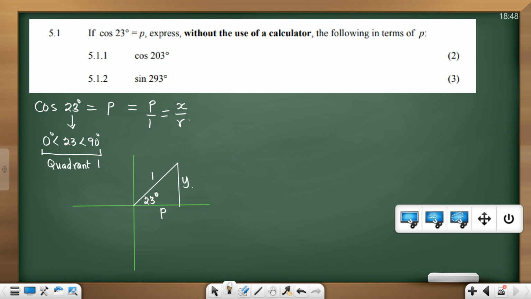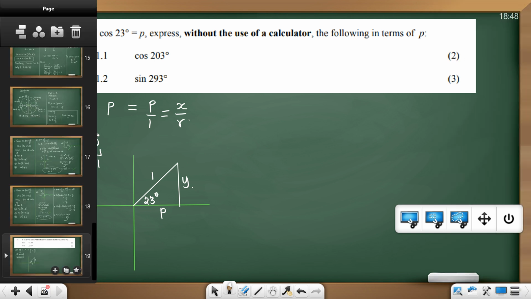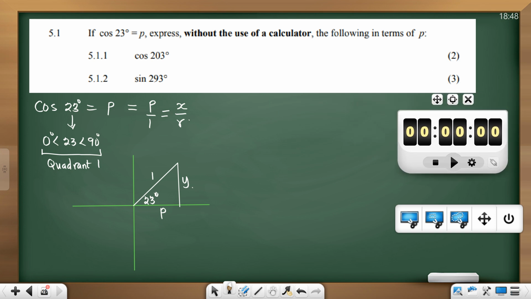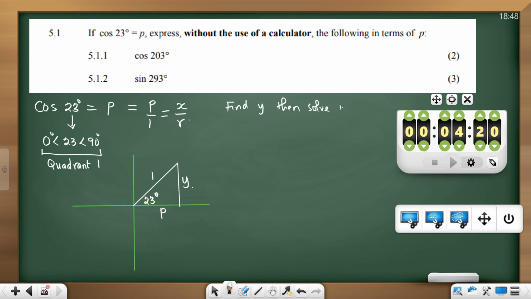I don't have Y. I am done with my part. First is to find the Y value, then you do 5.1.1 and 5.1.2. Find Y by using the theorem of Pythagoras. You have 4 minutes to get all of this done. First is to find Y, then solve the rest. Solve in terms of P.